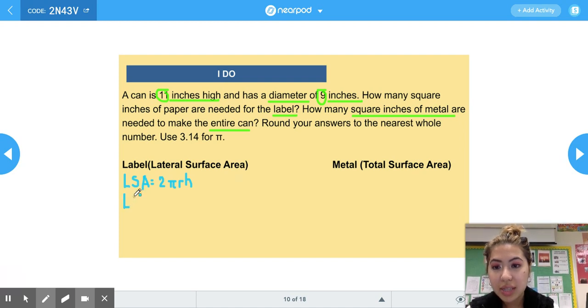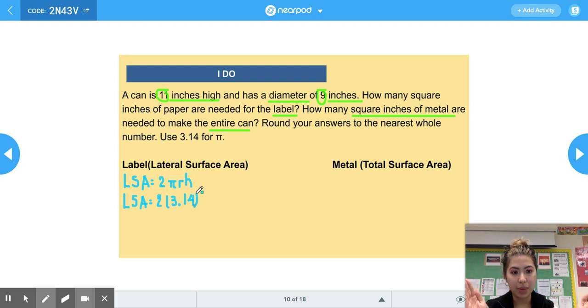So then next we're going to plug in the numbers. So we have 3.14 for pi. In this problem, we have to figure out what our radius is because we're given our diameter. So remember that the diameter is twice as long as the radius, or we can think about the radius being half as long or half as big as the diameter.